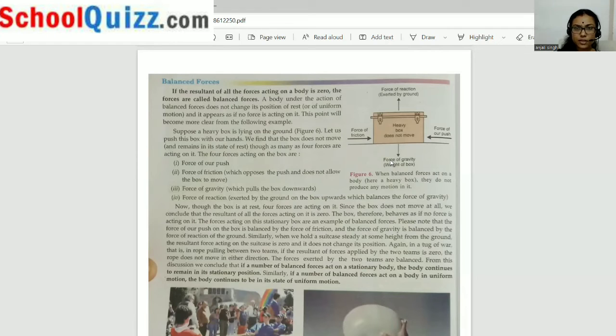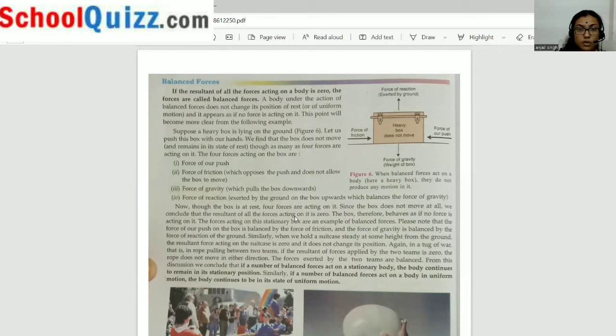So the force of gravity is always pulling an object in the downward direction, and the force of reaction is always acting in the upward direction, opposite to the force of gravity. So this diagram is exactly showing the forces and how these forces act on an object. Clear?